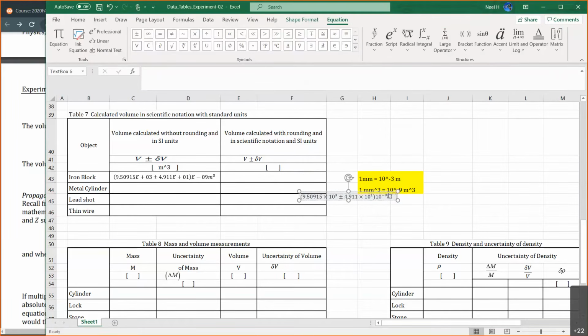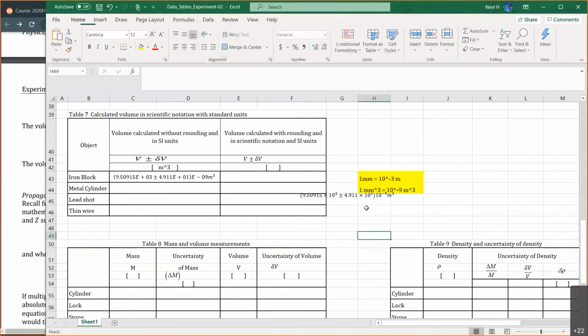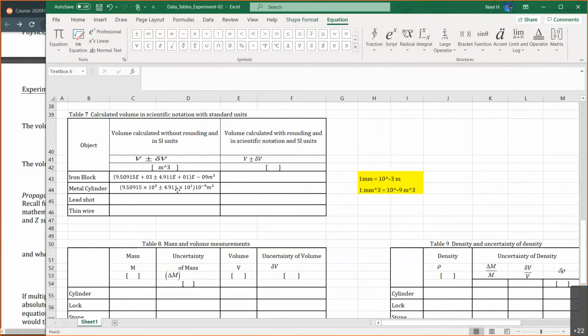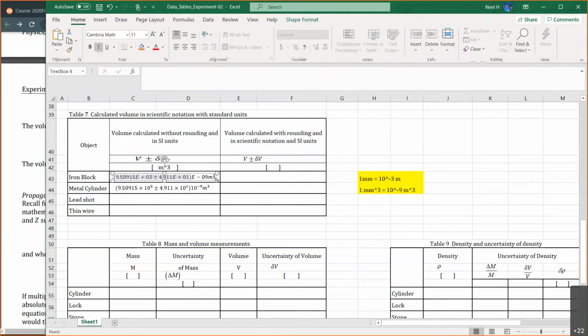Then you can do that also nicely with that formatting. Meter cubed, okay. You can see what's the difference in the way you write, right? See that? So the second one looks very nice compared to the first one. So I'm going to use this one. But you can use E without any problem. That's okay, that's a standard way of writing. But that looks very nice, the formatting and everything. Okay, question.